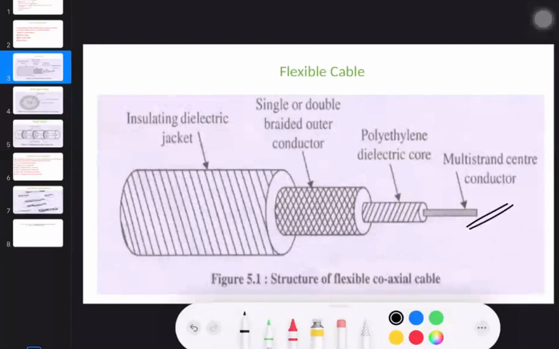Above that is a layer called polyethylene, which is the dielectric core material. This foam polyethylene acts as the dielectric core between the outer conductor and the inner conductor. After that we have a single or double braided outer conductor, and finally the fourth layer, which is the insulating dielectric jacket.